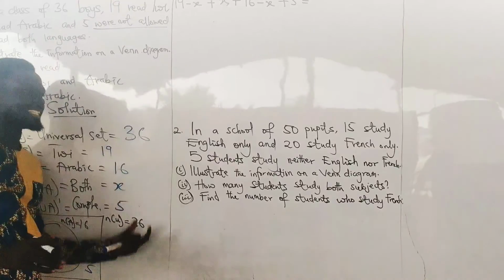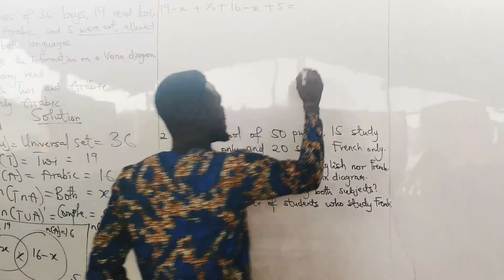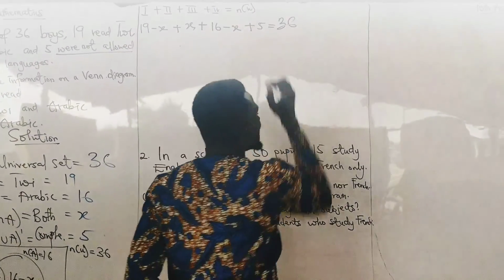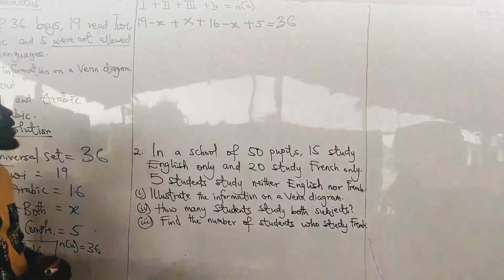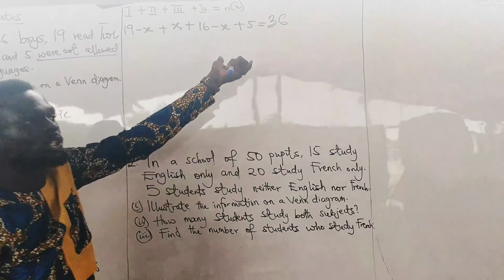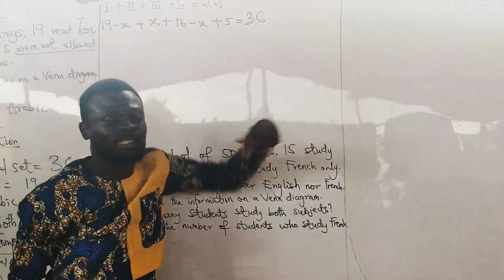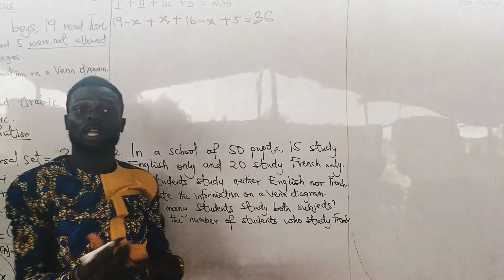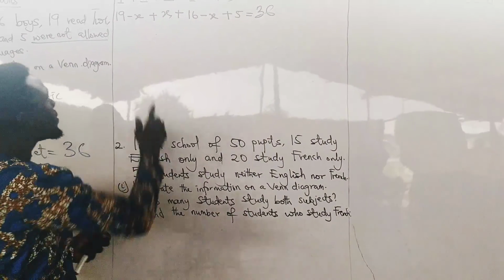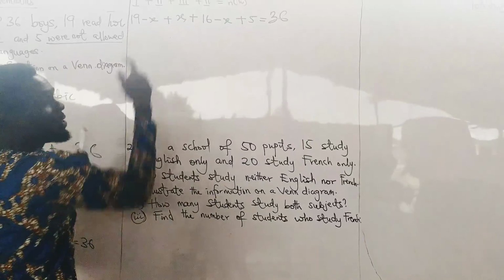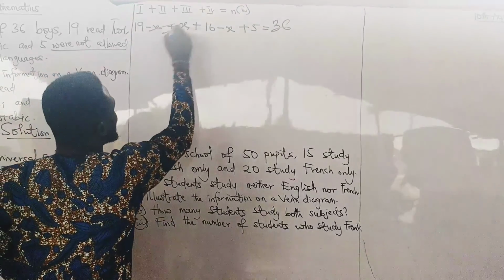What is the universal set? 36. So we have our universal set as 36. Now that we are done with the substitution, this gives us a simple equation to solve. So we have positive X, negative X. Automatically, they will cancel out.